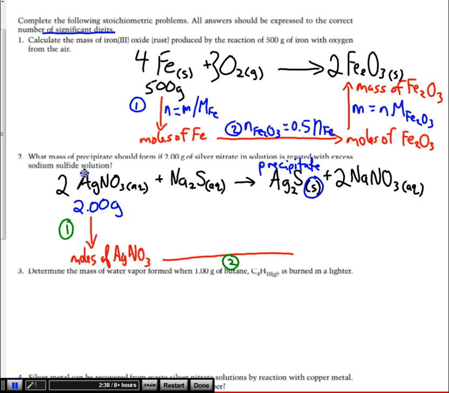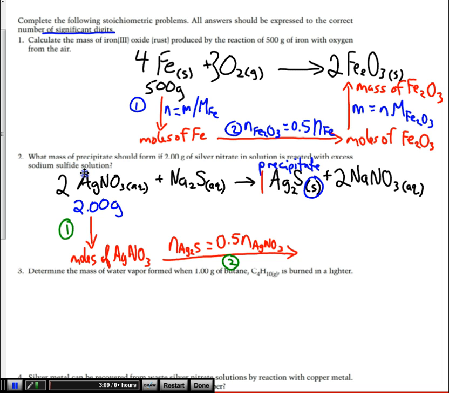So that would be a mole ratio of moles of silver sulfide, in this case, is half the number of moles of AgNO3. So that's just how this chemical reaction works: silver sulfide has twice as many silver ions as silver nitrate. So when we look at the number of units, it's a 2-to-1 ratio. So moles of product is half.